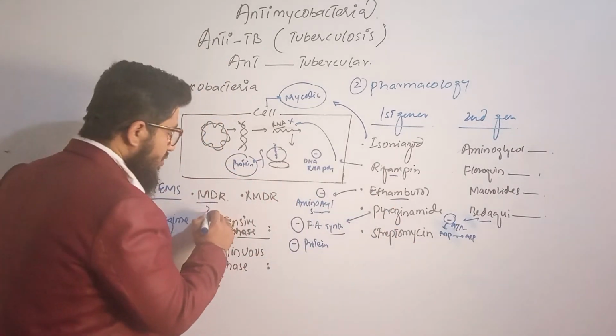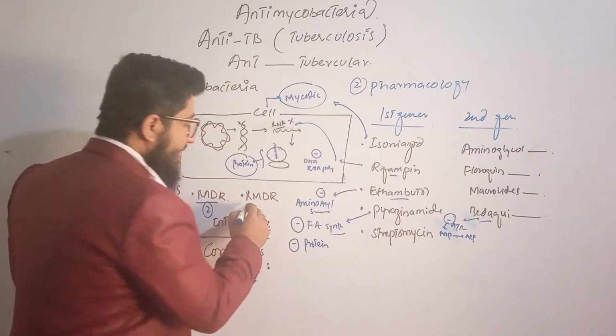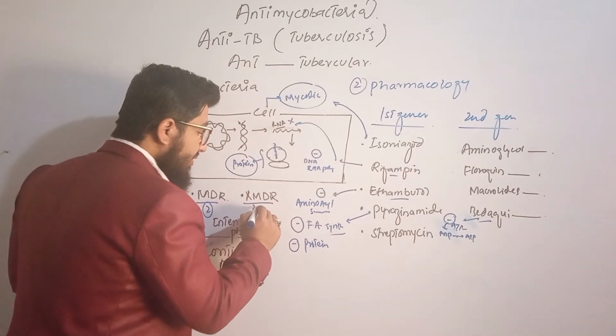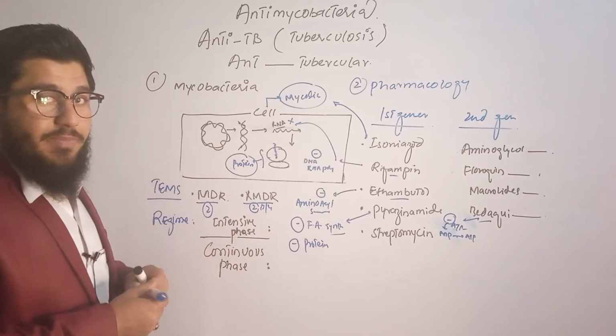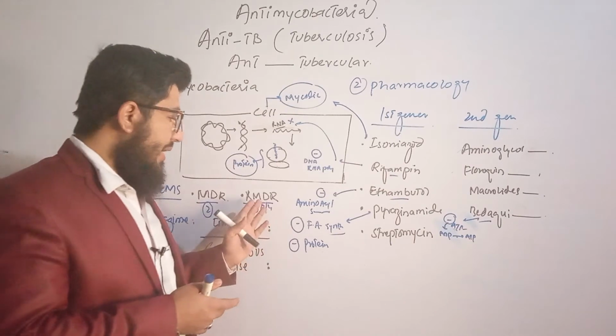Here we have two medications against which the bacteria is resistant, and in XDR TB the bacteria shows resistance against more than 2, either 3 or 4 drugs. So then that TB will be named XDR.